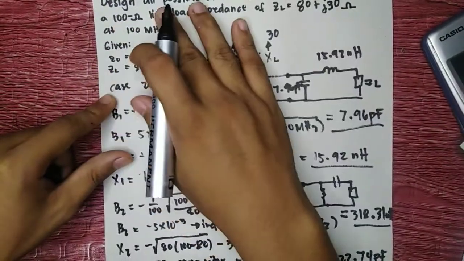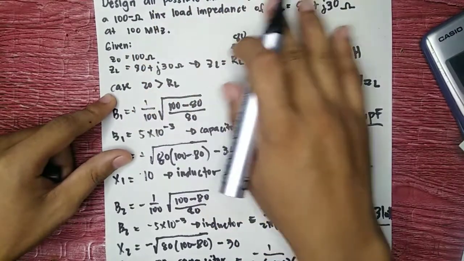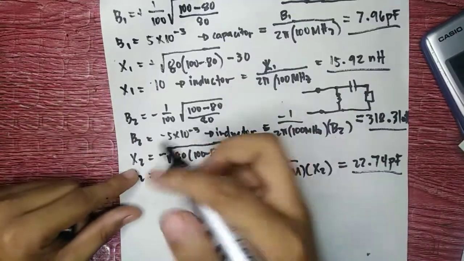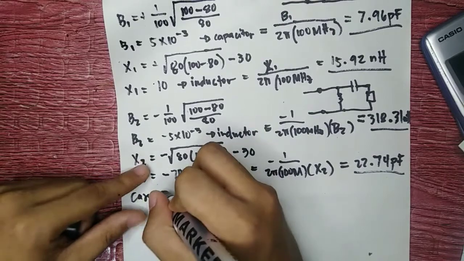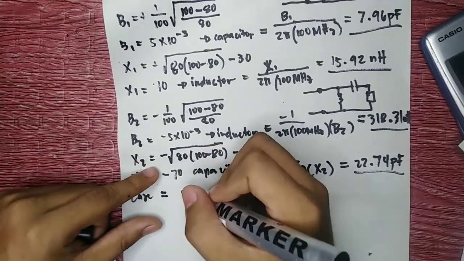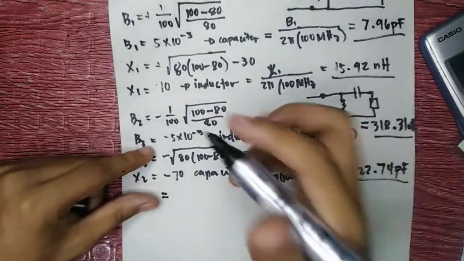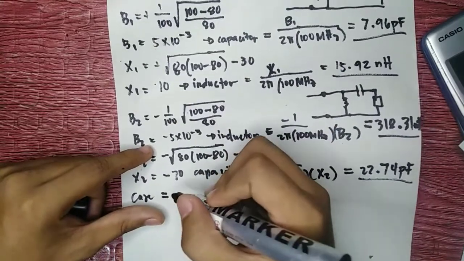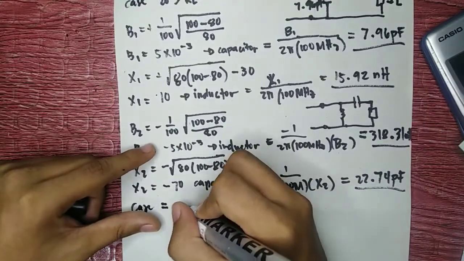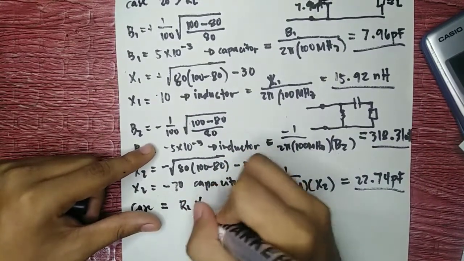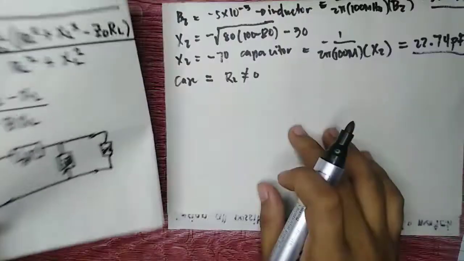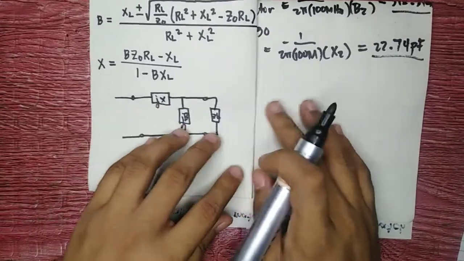But we are looking for all possible matching L networks. So we also need to consider case 1, since we also satisfy its condition, which is RL is not equal to 0. I have here the formula and the block diagram.